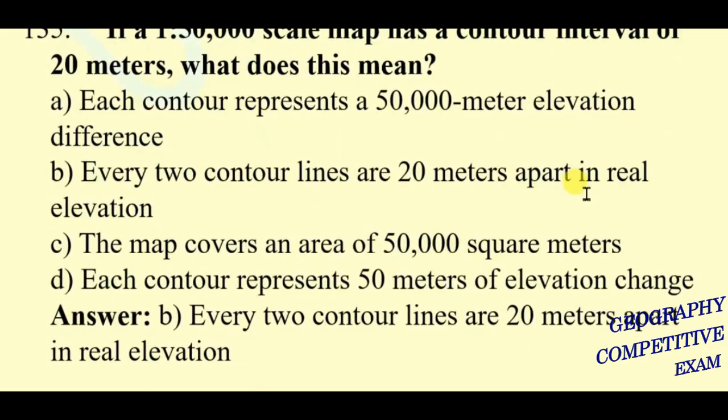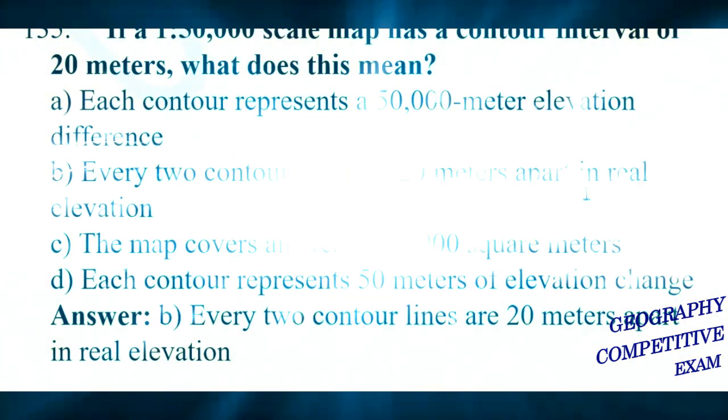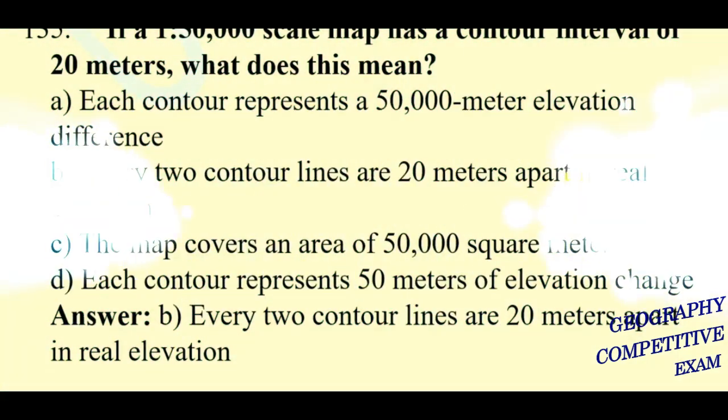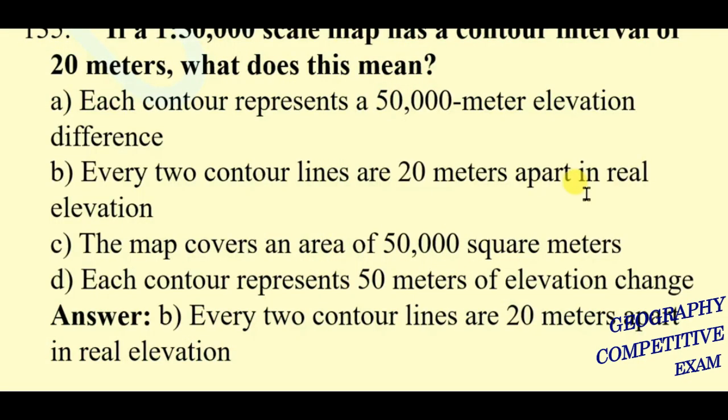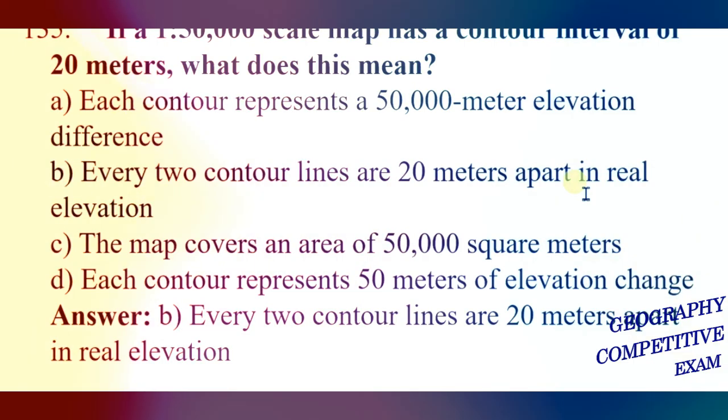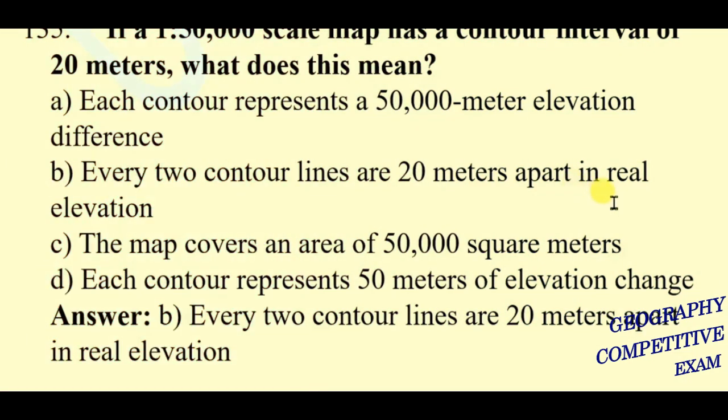Question 135. If a 1:50,000 scale map has a contour interval of 20 meters, what does this represent? Each contour represents a 50,000 meter elevation difference. Every two contour lines are 20 meters apart in real elevation.